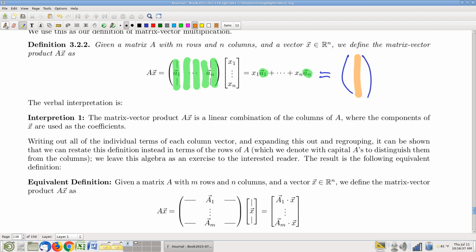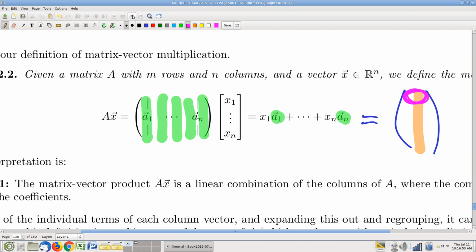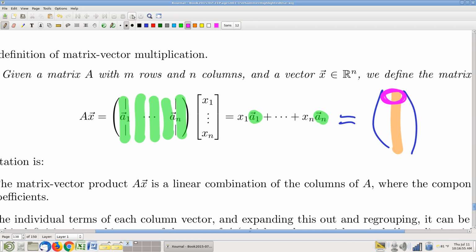Let's ask now, where does the first element of that product vector come from? In this linear combination formula, how would I compute that first element? I'm taking linear combinations of a bunch of vectors. When you add vectors, you do it coordinate-wise. When you scalar multiply vectors, you do it coordinate-wise.